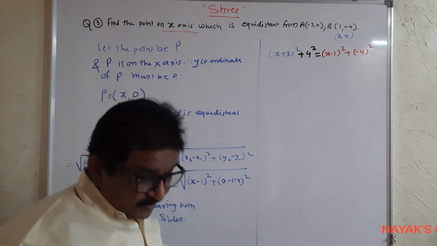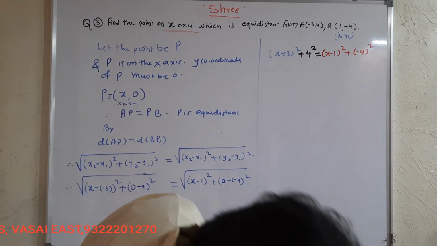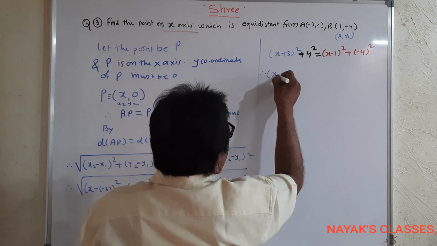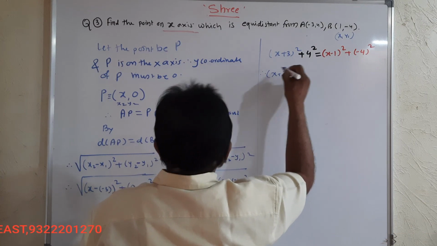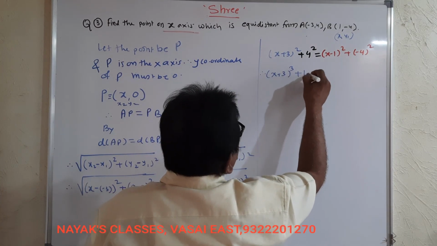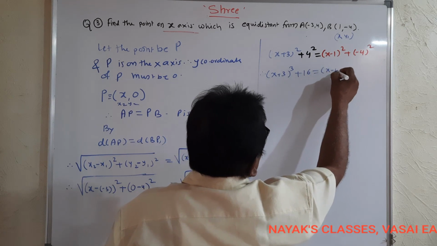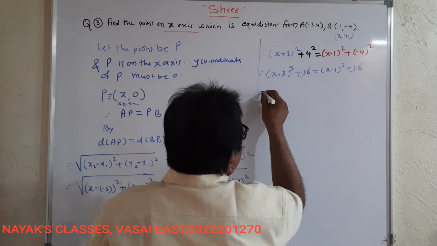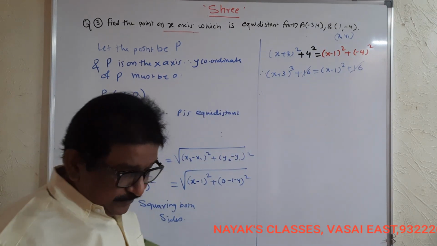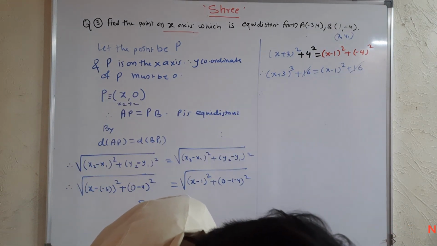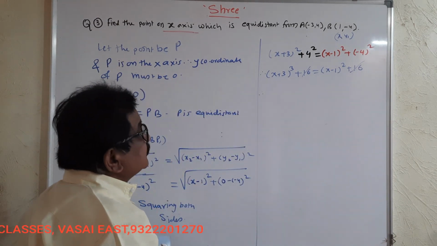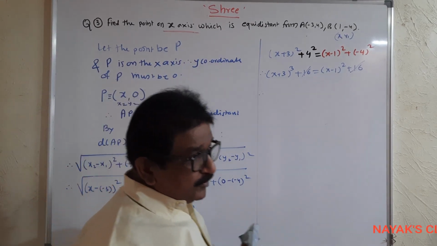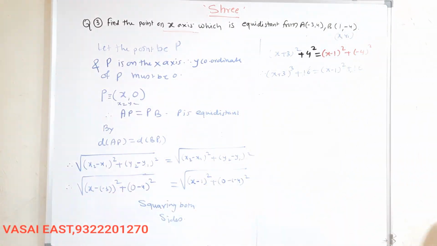Squares are always positive. Therefore x plus 3 the whole square plus 16 is equal to x minus 1 the whole square plus 16. These two are gone. Now we have to expand both the sides.